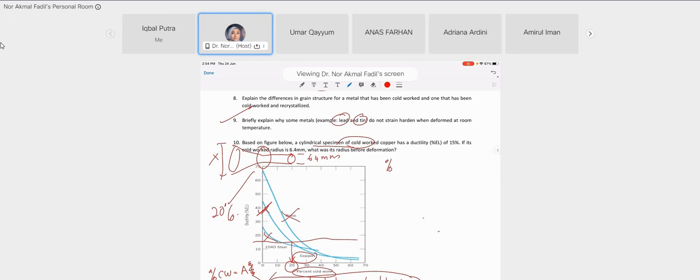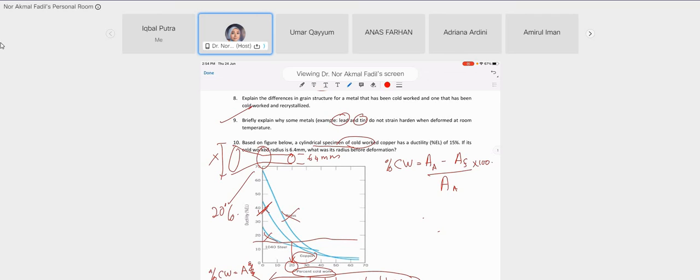The cold working process is the difference of area before and after, which is final minus, oh sorry, actual, and this is final, divided by the actual size, multiplied by 100.